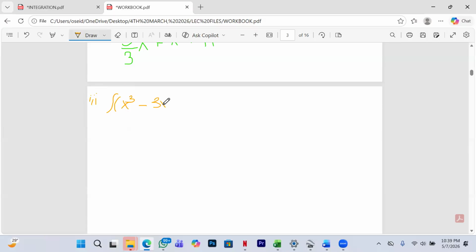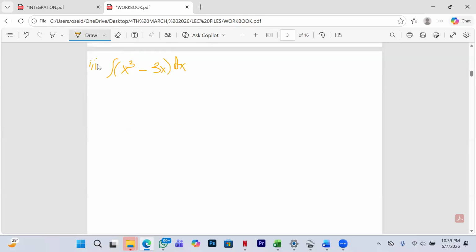So over here we are now working with a difference. When you are integrating, you get the same thing. One term has a coefficient, the other term does not have what? Coefficient. So let's take note.